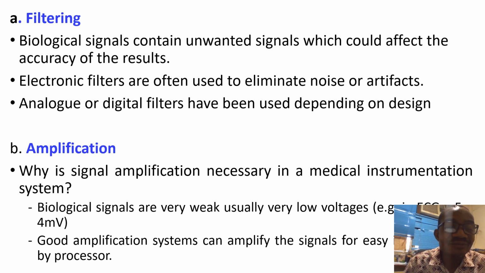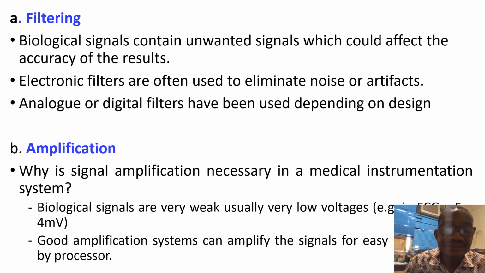Then also in signal conditioning, we have what we call amplification. Amplification is very, very important. Why must we amplify a signal? Biological signals are very weak and should be amplified. Without amplifiers, it may be difficult for the processing system to interpret and give us the accurate reading of the instrument.